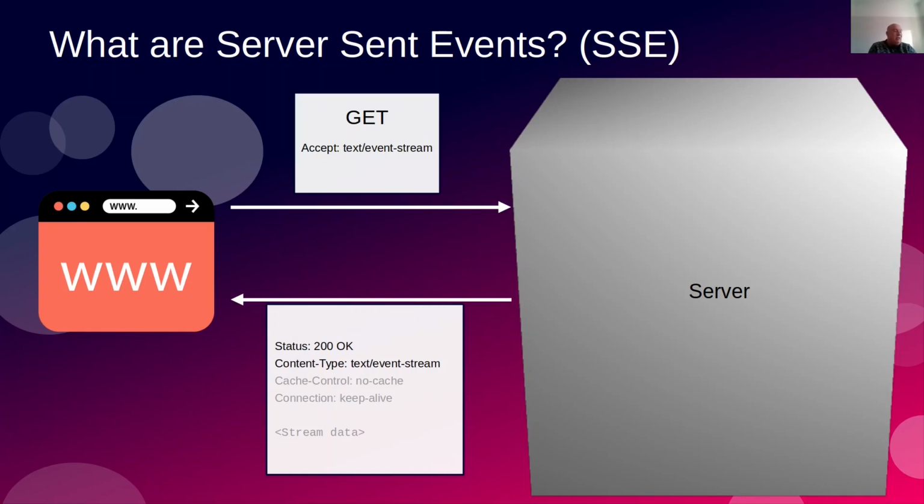And then as the body of the response, we'll be getting a stream of text data. You can imagine a stream of text data as like a text document that's slowly downloading to your browser, even though it's being dynamically generated on the server side.